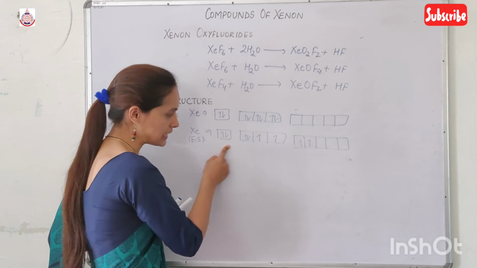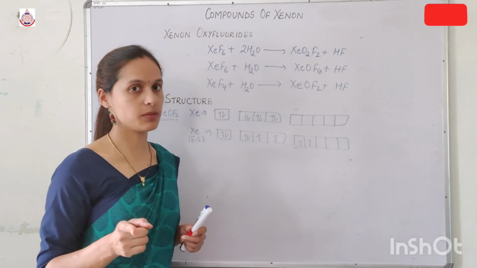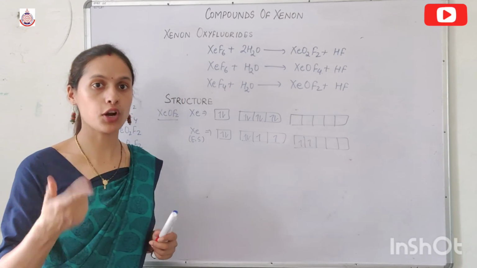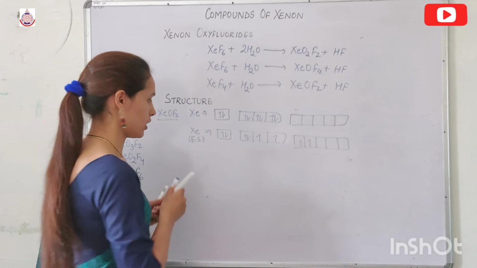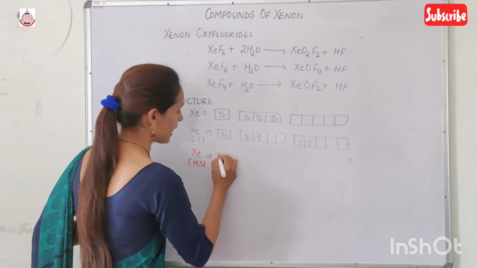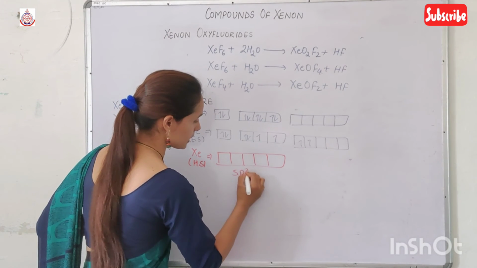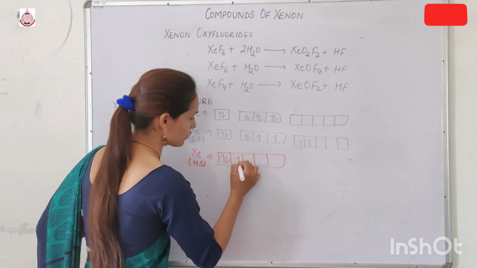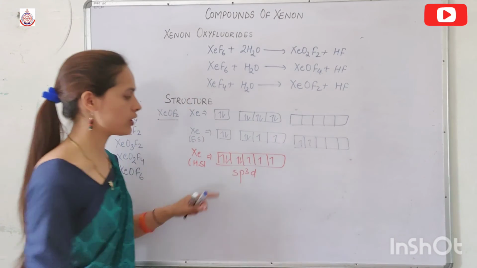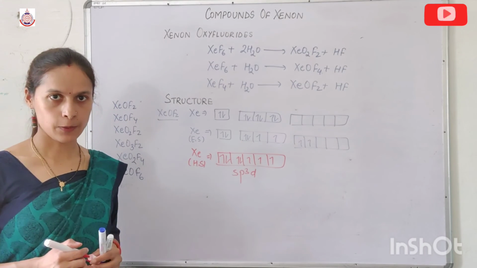So, sp3d participates in bond formation. This D will not participate in hybridization. So, in the hybrid state, I get sp3d hybrid orbitals, in which we have 4, 5, 6, 7 electrons. Clear?